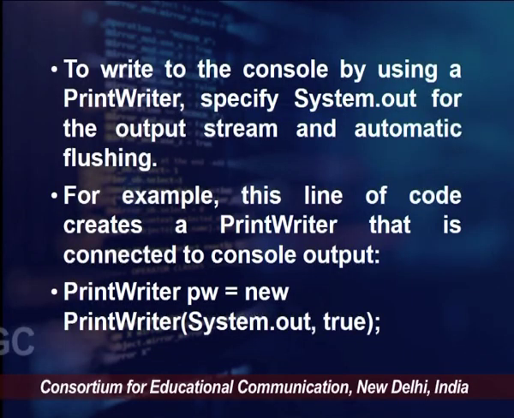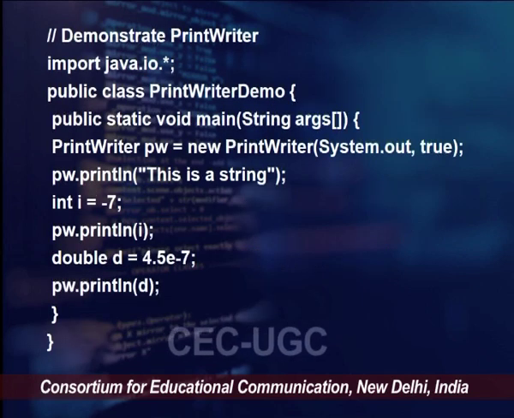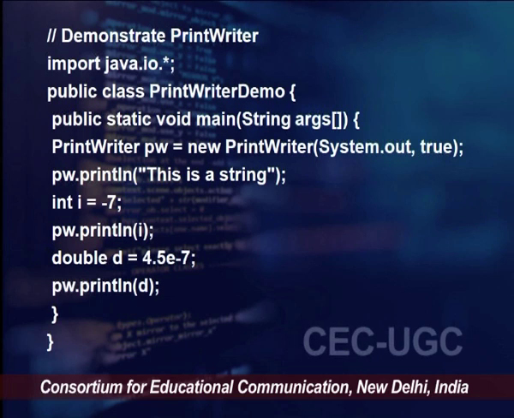For example, let us take a line of code which creates a PrintWriter that is connected to the console output. PrintWriter, the reference variable is pw, equals new PrintWriter(System.out, true), and this is the general format which we have seen just now.